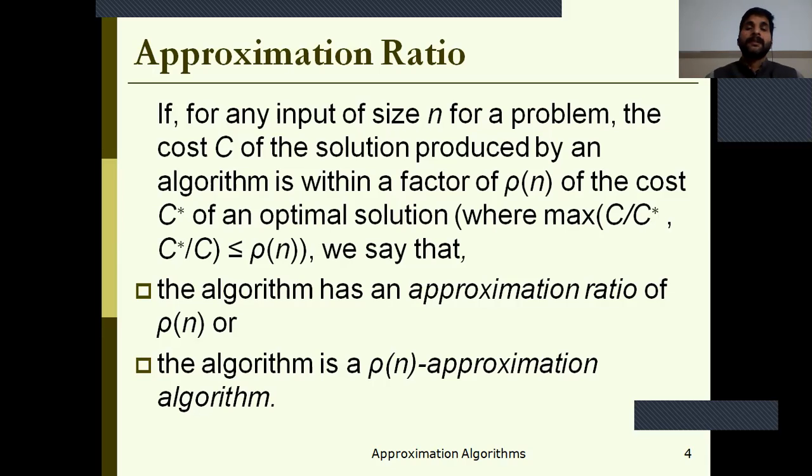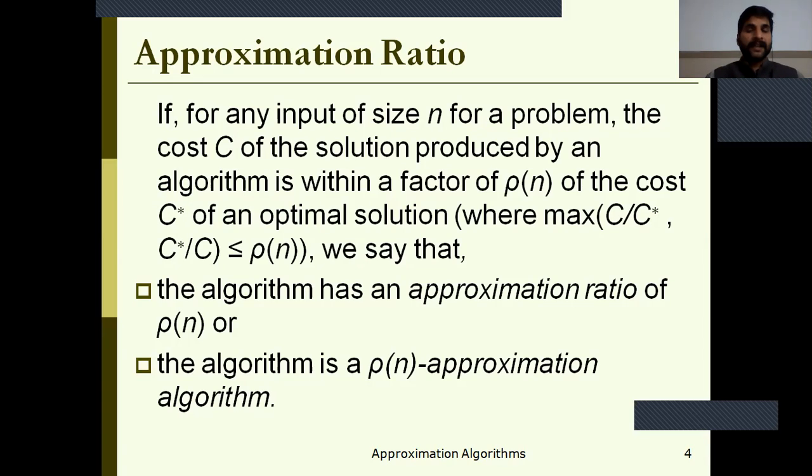If C is maximum, that is, the approximation cost is maximum with respect to the optimal cost, then we take the ratio C upon C star. And if the optimal cost is maximum with respect to the approximation cost, we take the ratio C star upon C. In both cases, we try to bound the value of rho n.